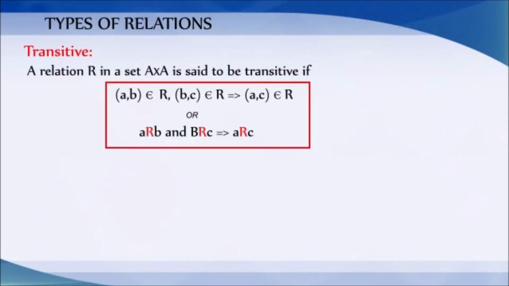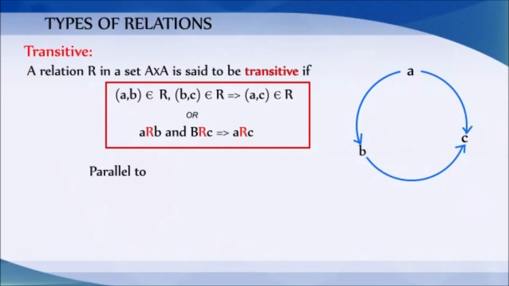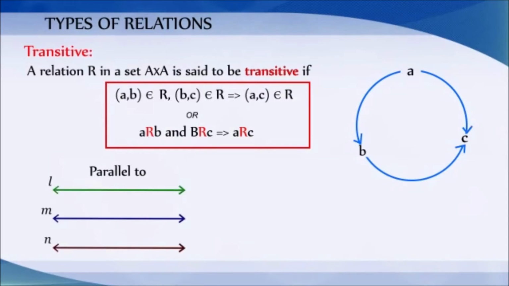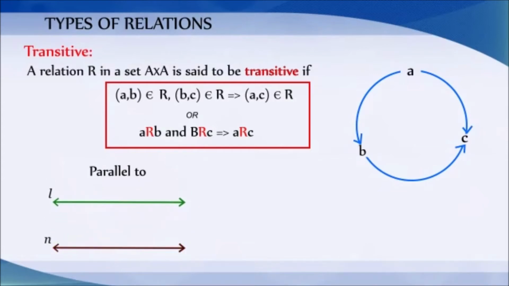A relation R in a set A cross A is said to be transitive if a relates to b and b relates to c should imply a relates to c. That is, if the line L is parallel to M and M is parallel to N, then L is parallel to N. So, we can say the relation parallel to is transitive.